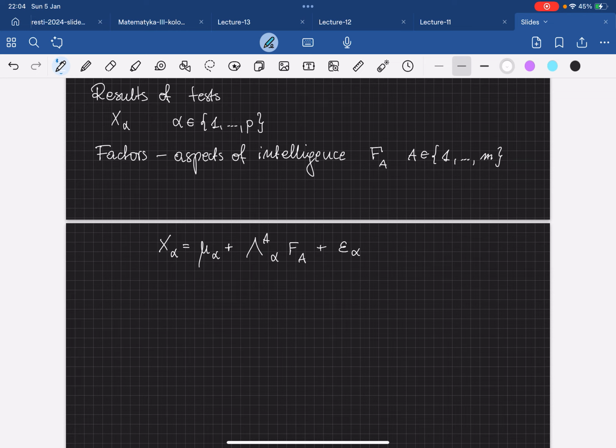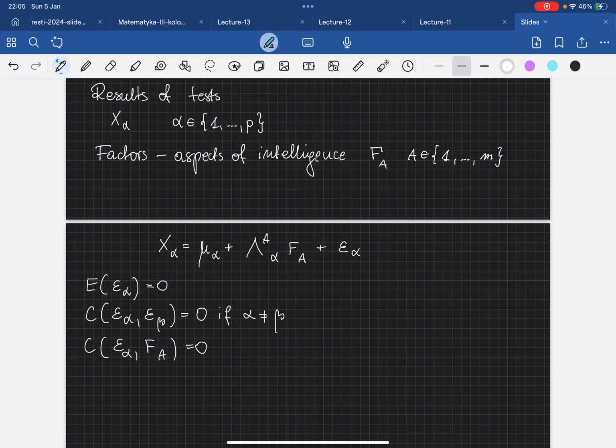And we have, again, the set of assumptions. We assume that the expectation value of each error variable is 0, that different errors are not correlated. So this is 0 if alpha is different from beta. And also that errors are not correlated with factors. So this is also 0.